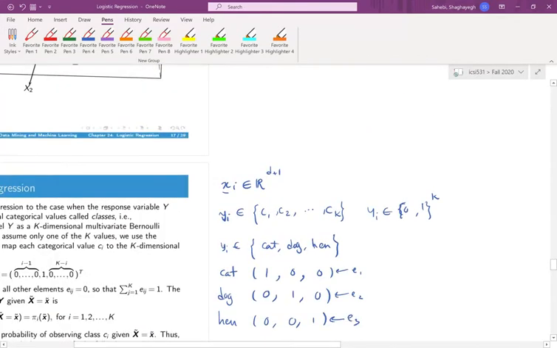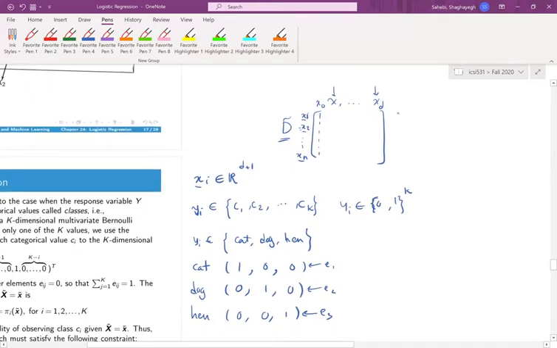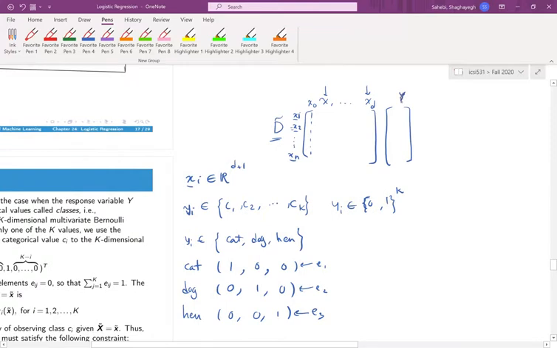Before, our data was like this. It was augmented. We had x0, x1, etc., xd. x0 was all ones, and each data point x1, x2 until xn were rows of our data, and these were attributes 1 to D. And then we had our class label y that was cat, dog, cat, etc., etc.